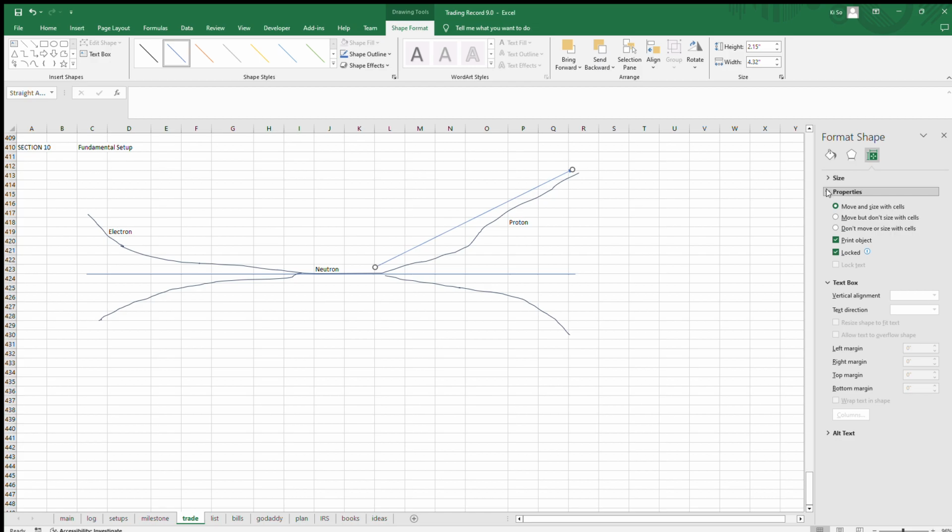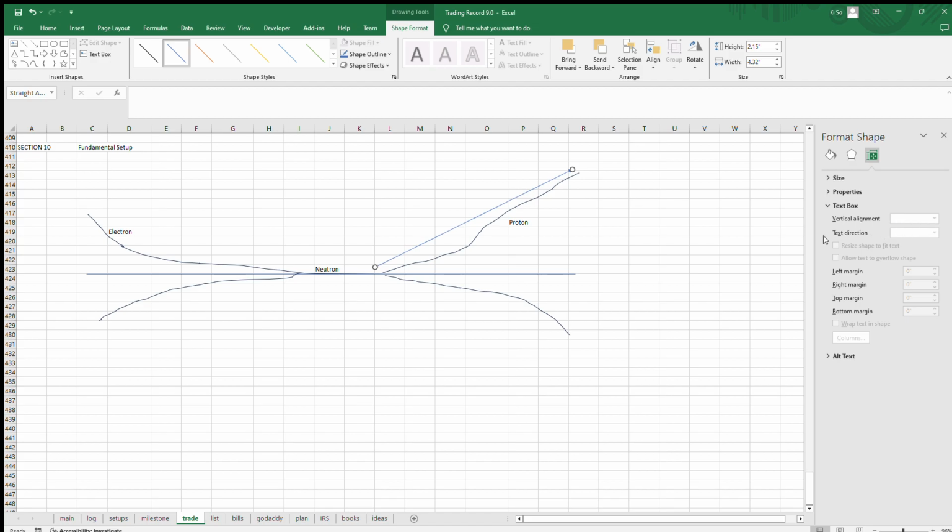Property. Okay. Can I do that? Text box.